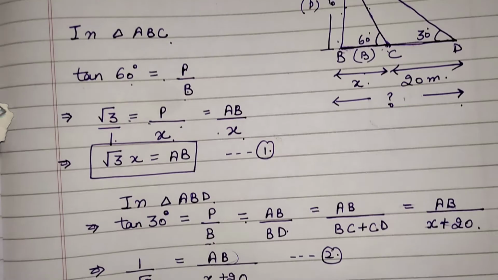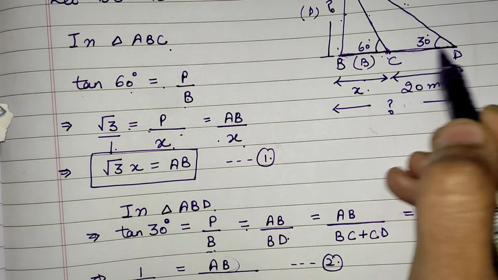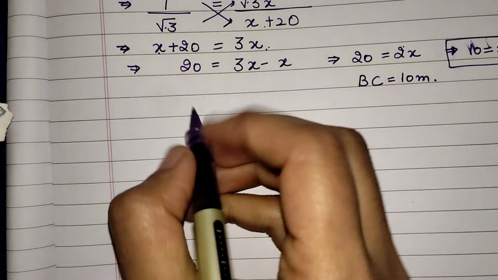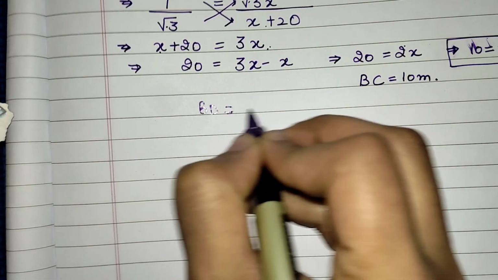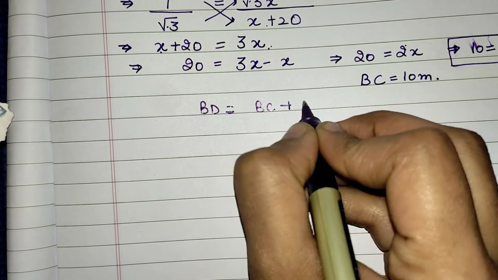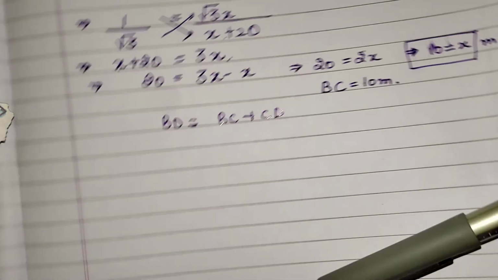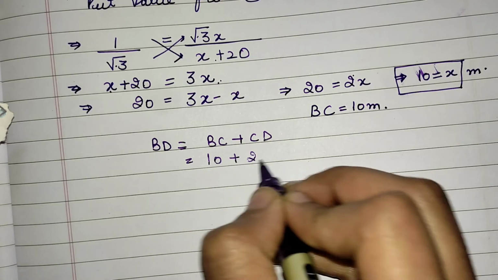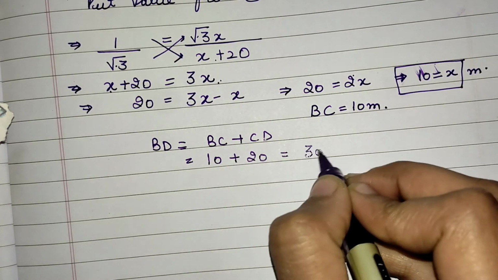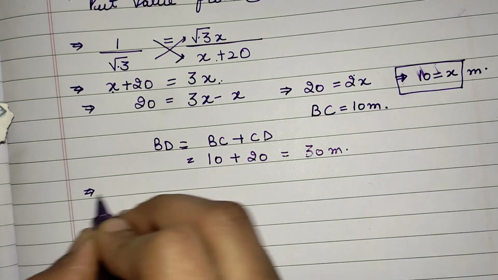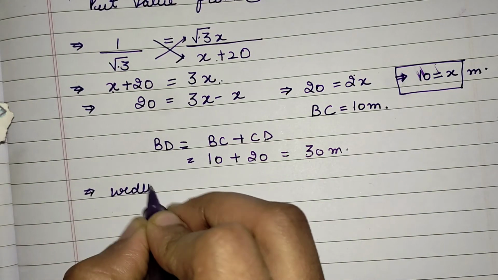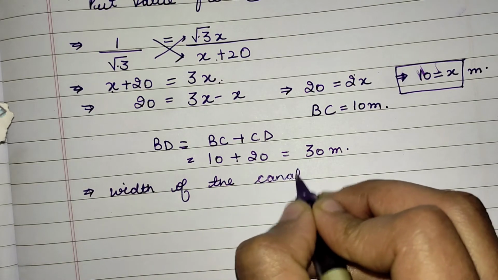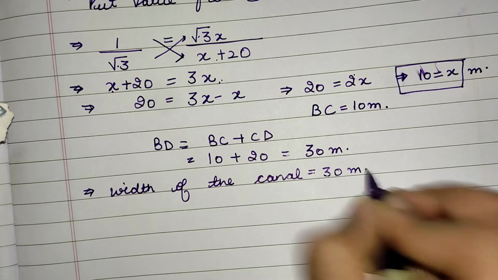How can we find the width of the canal? The width of the canal is BD, which is equal to BC plus CD. BC is 10 meters and CD is given to us as 20, so the width of the canal is 30 meters.